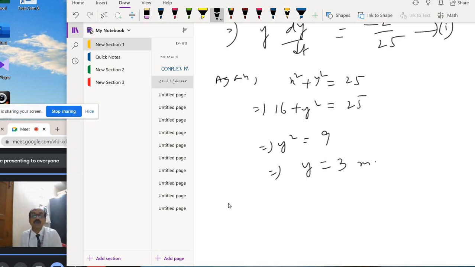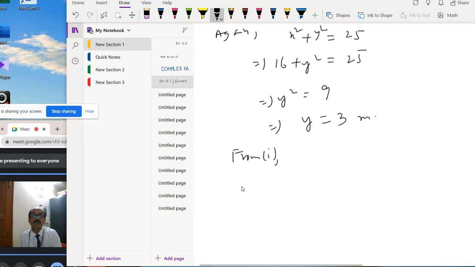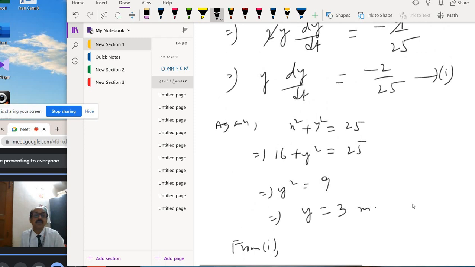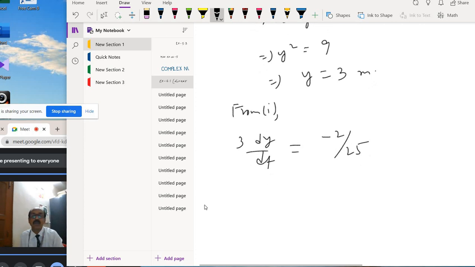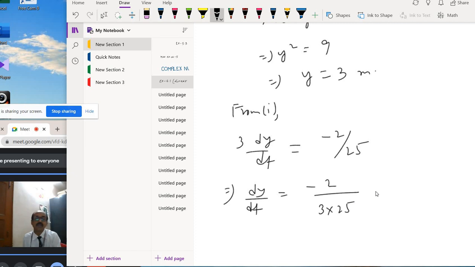Now, therefore, from 1, 3 into dy by dt equal to minus 2 by 25. So dy by dt equal to minus 2 by 3 into 25 meter per second.